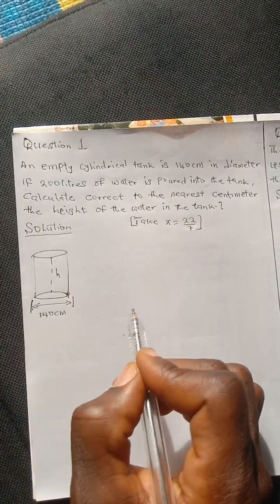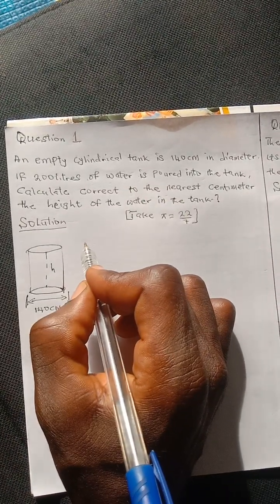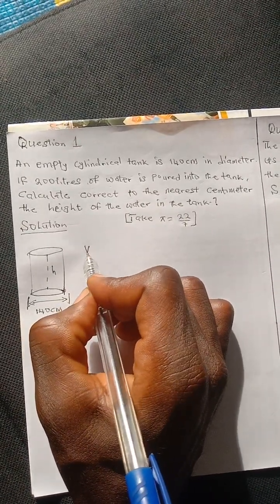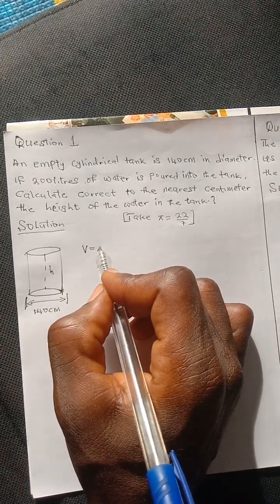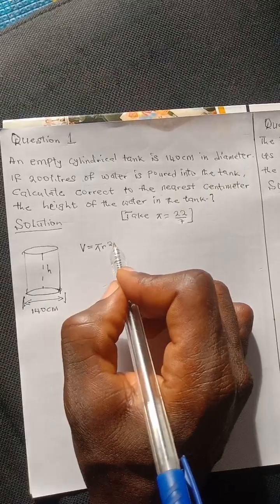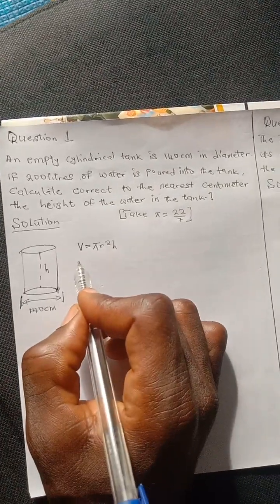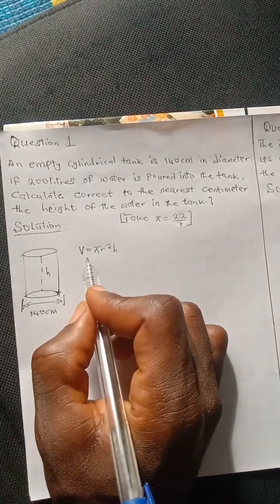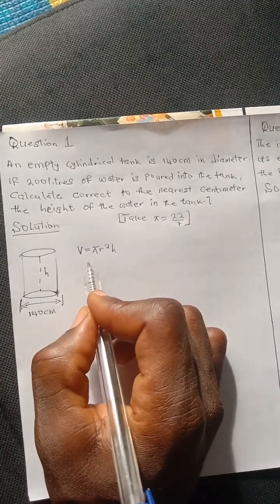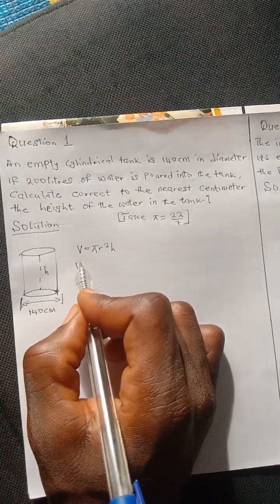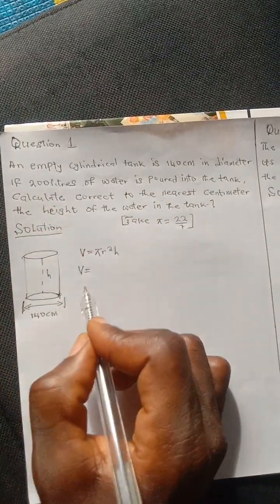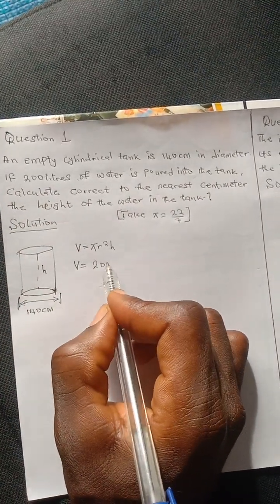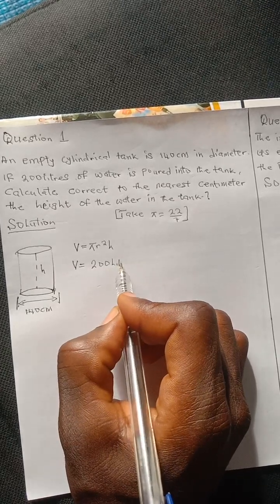So in solving this, you first write the formula for calculating the volume of a cylinder, which is equal to pi r squared h. And the values for the parameters involved in this formula: we have the volume, which is given to be 200 liters.